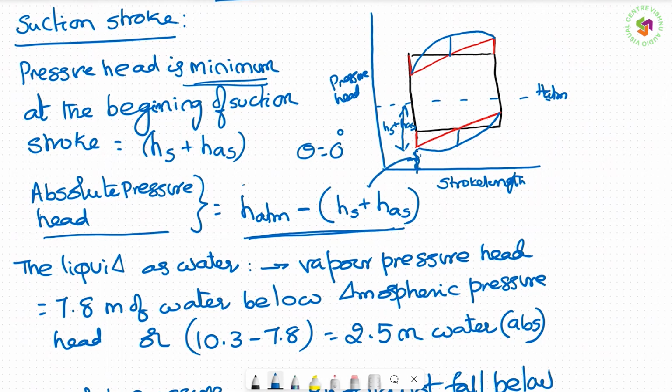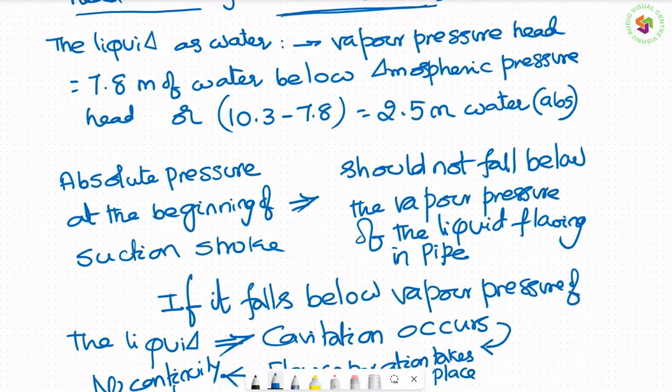The condition is that the pressure head should not fall below the vapor pressure of the flowing fluid. For any liquid, we know the vapor pressure, so we convert it and keep it in absolute pressure units. This minimum pressure head should not fall below the vapor pressure head.